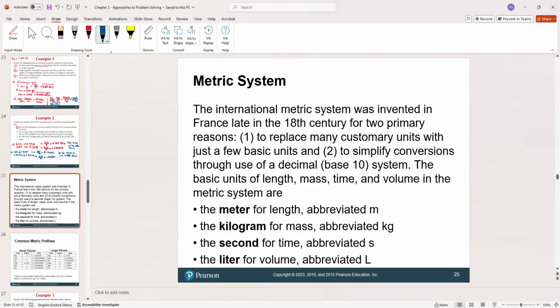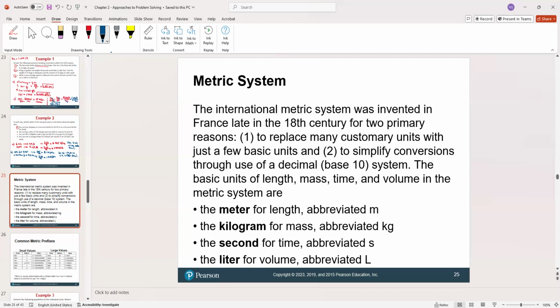The international metric system was invented in France late in the 18th century for two primary reasons: to replace many customary units with just a few basic units, and to simplify conversions through the use of a decimal base 10 system.